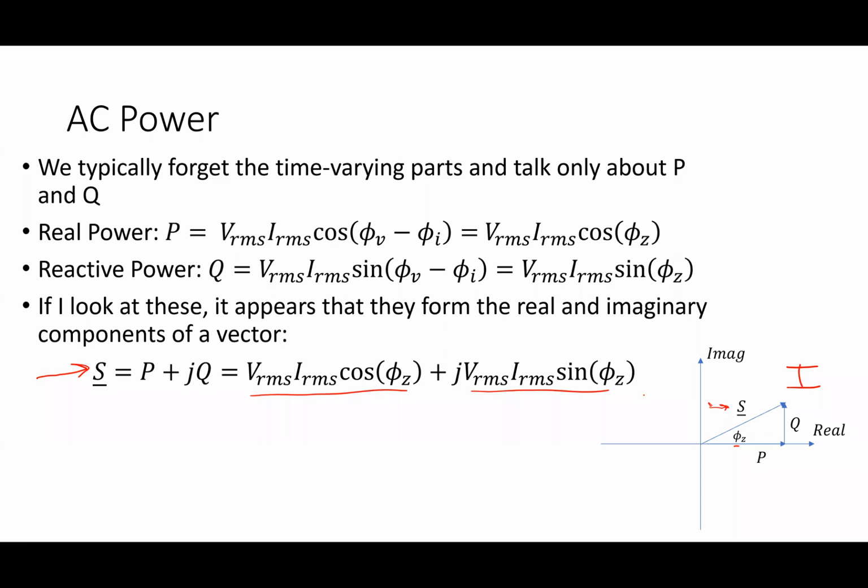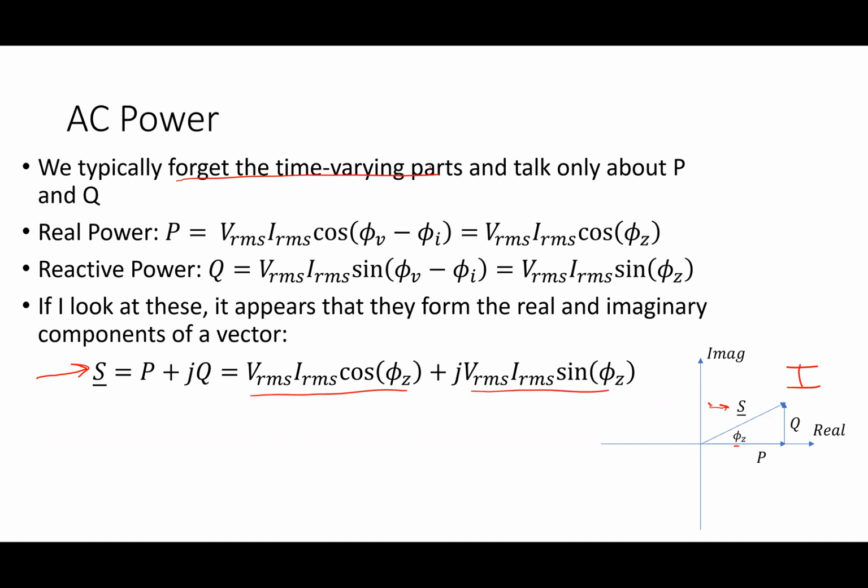This is nice because now, like I said right here, I can forget the time varying parts and talk only in terms of P and Q. Because when we have time variation, the math is nasty. It's not very useful. We talk only about the P and Q values. So this is a vector. So complex power is essentially a vector. It's a vector that's just defined.